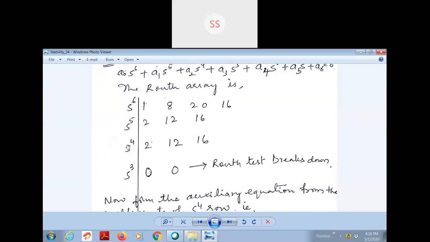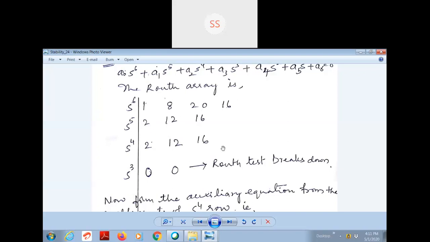So now calculate the s to the power of 4 row. If you have the papers with you, you can calculate. Assume these values are b1, b2, b3. So b1 equals (2 into 8 minus 1 into 12) divided by 2. The first answer is 2. Then b2 is (2 into 20 minus 1 into 16) divided by 2, so this is again 12.